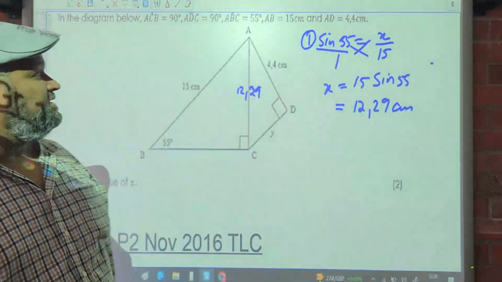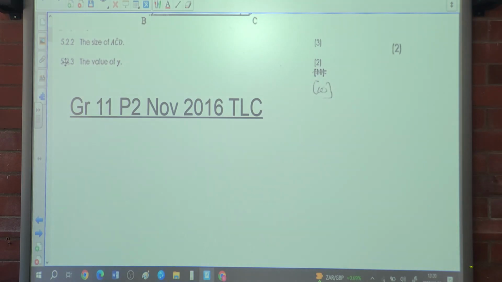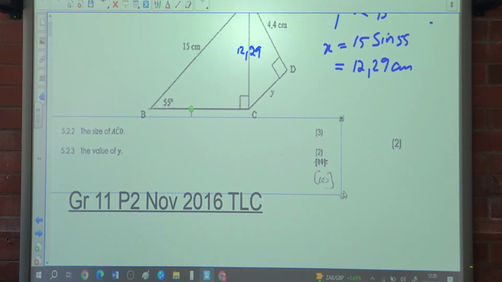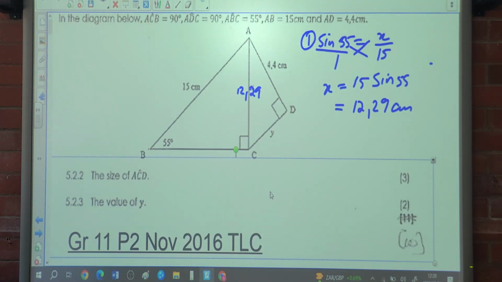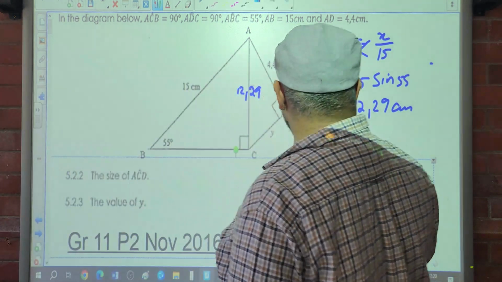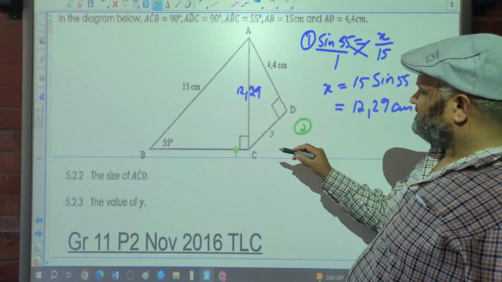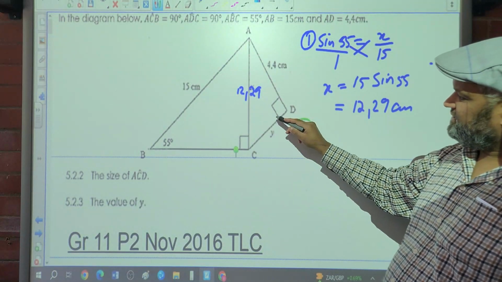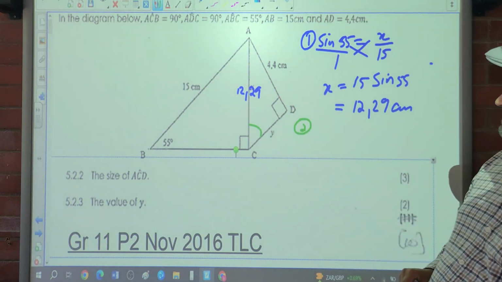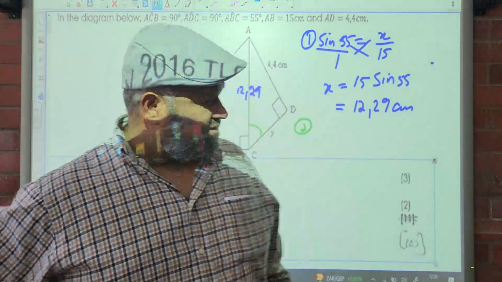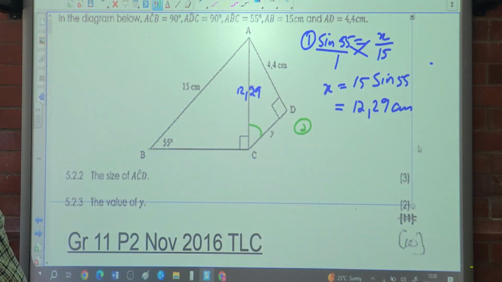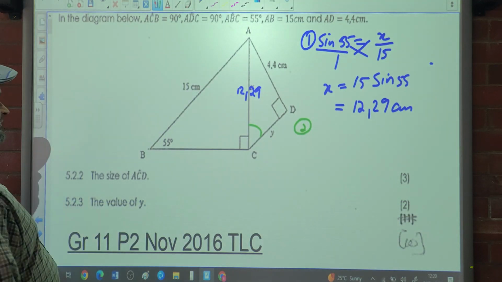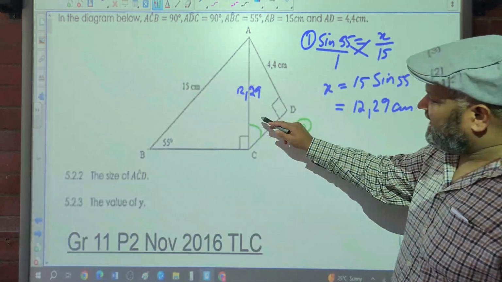Okay. Look at the next question. The next question says calculate the size of ACD. The size of ACD. So we've got A, C, D. This angle here. Not so. Okay. So what do we have here?